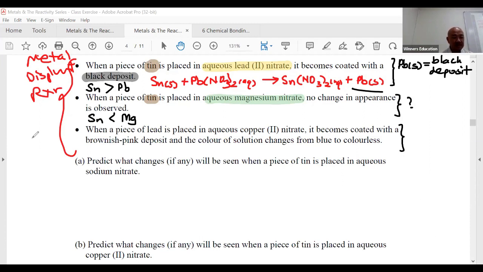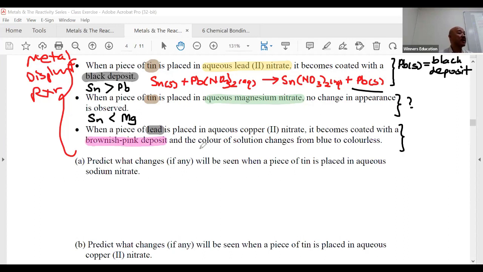Third, when a piece of lead is placed in copper 2 nitrate. I don't know why it's copper 2 nitrate, but I see that it's blue. It becomes coated with a brownish pink deposit. So the brownish pink color must be due to what?